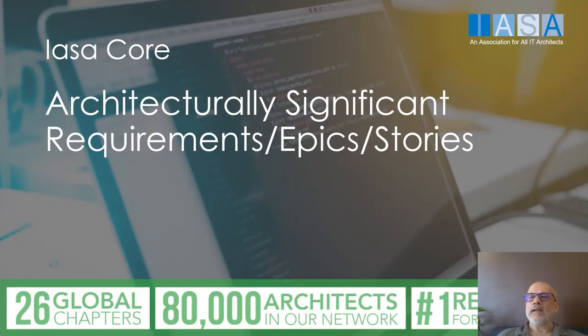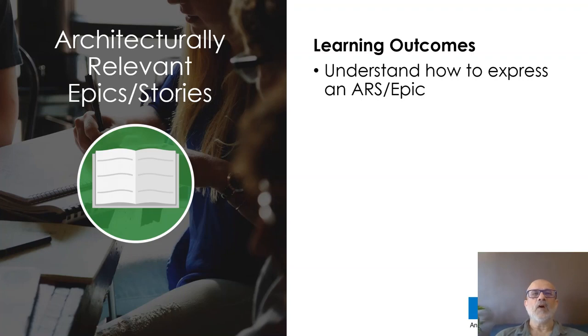Hello, let's look at how we would build out architecturally significant requirements or epics or stories. We at ISA have renamed what we once called ASRs, or architecturally significant requirements, to ARS, or architecturally relevant stories, to align to the agile development taxonomy or nomenclature.